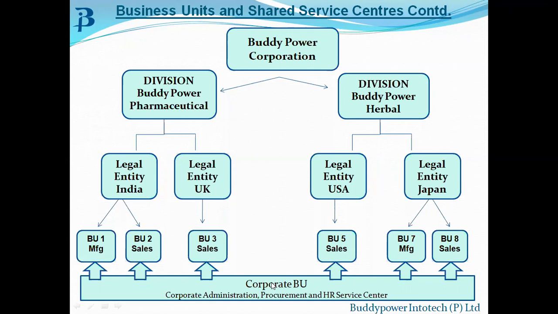So you can give access to a specific BU, or you can restrict that access so that BU2 cannot access BU1's master data objects, whereas the corporate BU can access BU5, BU7, BU8, or even BU2, 1 or 3. So this is the reference data sharing.